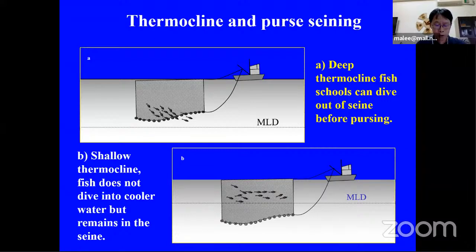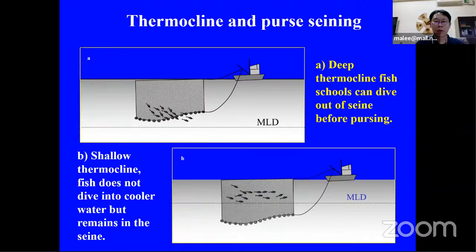However, in the shallow mixed layer depth condition, like the lower panel, the fish school does not easily dive into the deep water, because below the mixed layer is the summer thermocline.